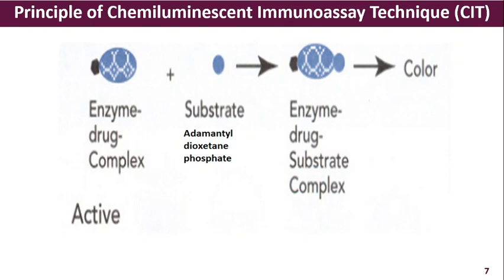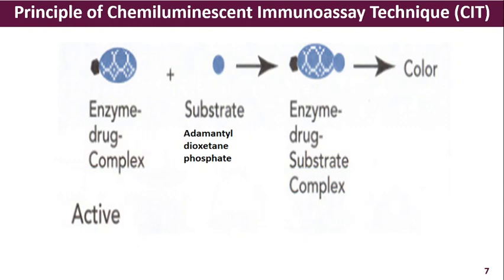That drug molecule you are going to investigate in the sample. Similar to the previous reaction, the drug molecule complexed with the enzyme can easily react with the substrate, and on reacting with the substrate adamantyl dioxetane, alkaline phosphatase will cleave the phosphate group. With the result, adamantyl dioxetane becomes an unstable substance and emits luminescence.